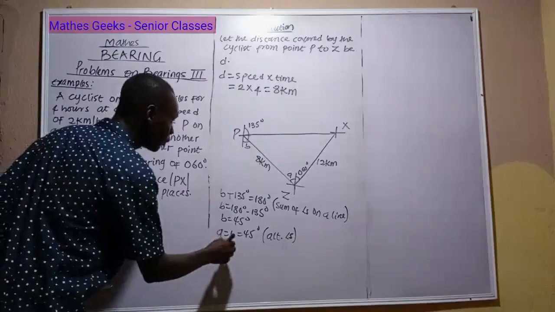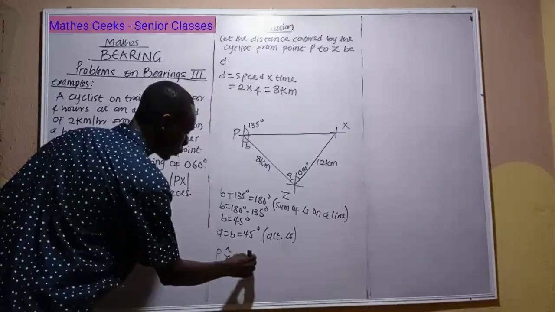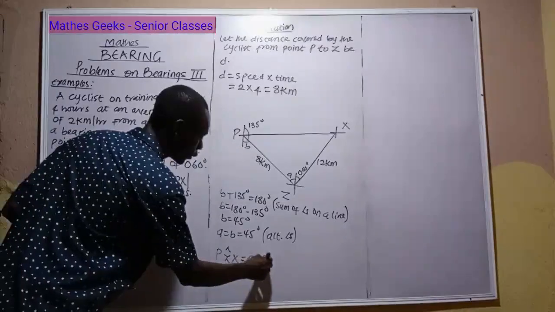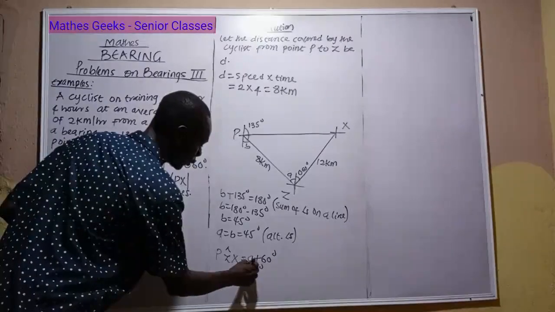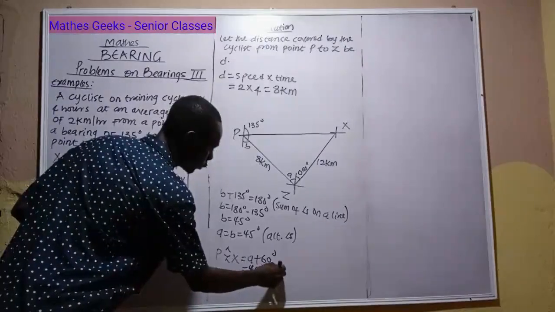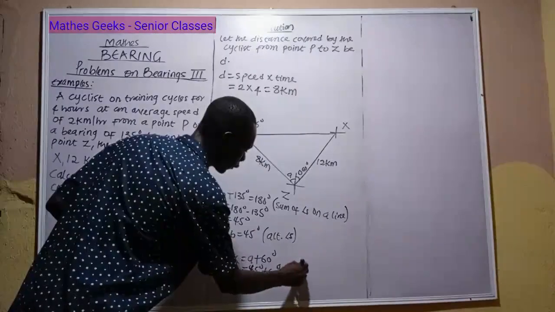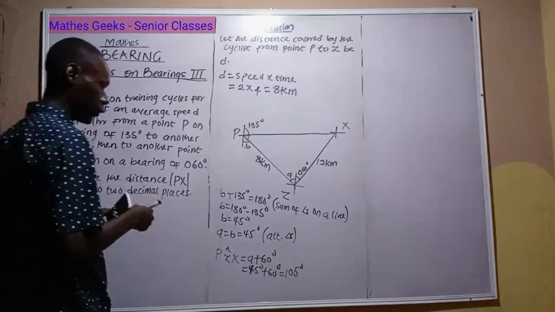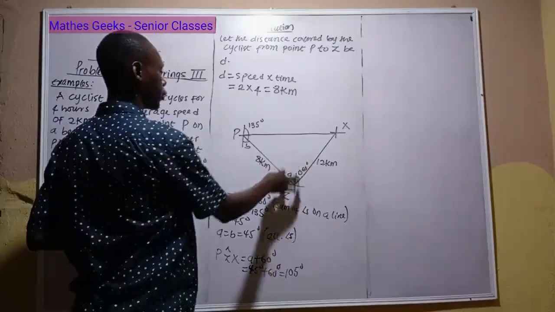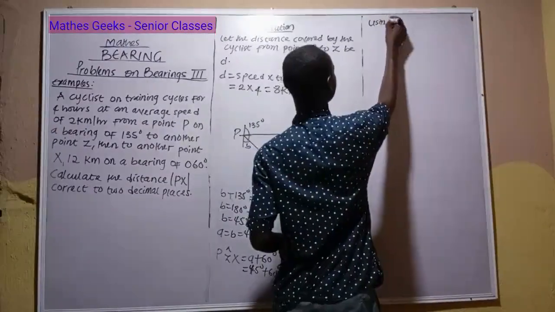Therefore, angle PZX is equal to E plus 60 degrees. That will give us 45 degrees plus 60 degrees, which is equal to 105 degrees. So we know this angle. So this fulfills the cosine rule. We're using the cosine rule.